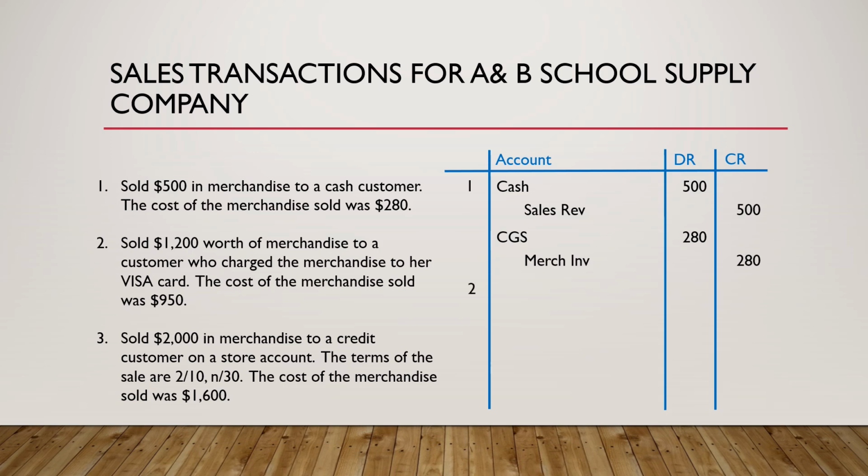Transaction 2. A&B sold $1,200 worth of merchandise to a customer who charged the merchandise to her Visa card. The cost of merchandise sold was $950.